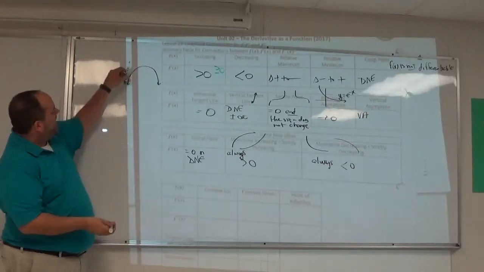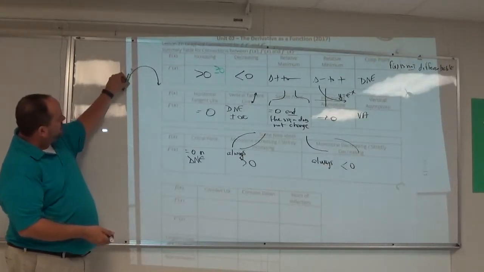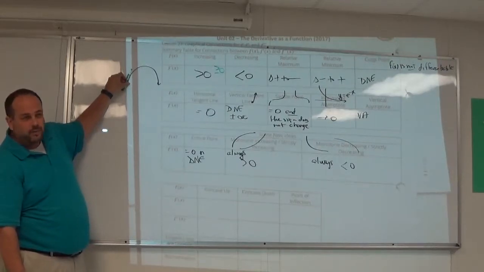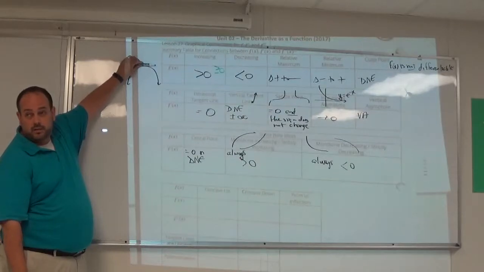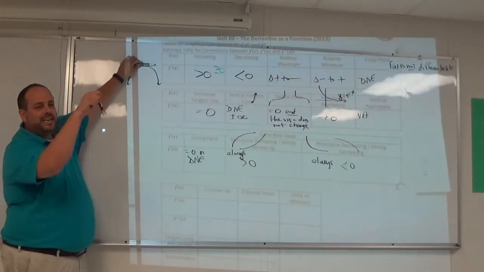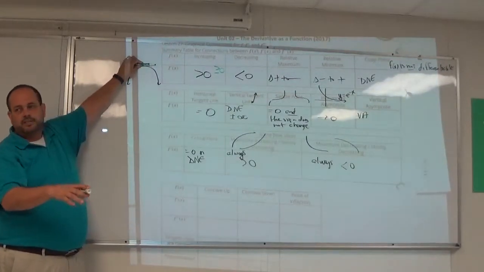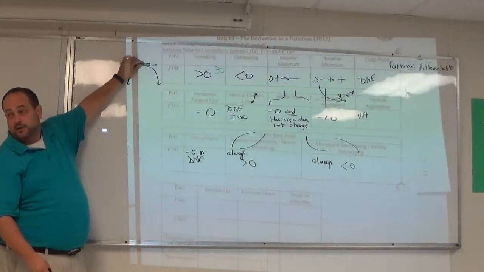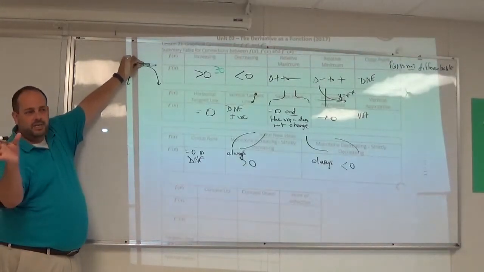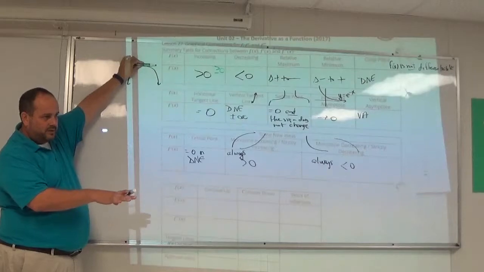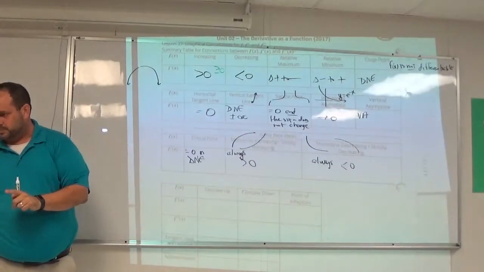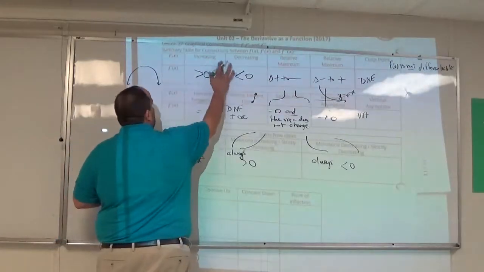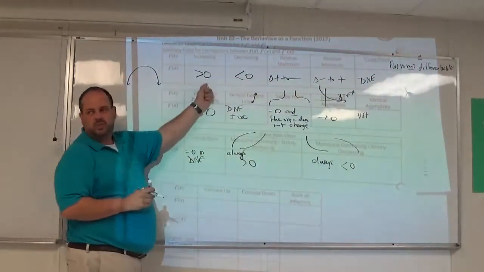Back in the day, I would have said that you're increasing over here, and over here. What about at the vertex? Back in the day, I would have said yes. There are some calculus teachers that say you're increasing at the vertex, and there are others that say you're not increasing at the vertex. I want us to be not-increasing-at-the-vertex kinds of people. So not greater than or equal to 0, just strictly greater than.